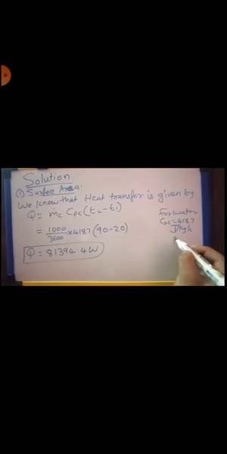And for water, Cpc value is 4187 joule per kilogram Kelvin, or 4.187 kilojoule per kilogram Kelvin. Substituting the values, we get the value for heat transfer Q as 81394.4 watts. Okay. Cpc for water is 4.187 kilojoule per kilogram Kelvin or 4187 joule per kilogram Kelvin.